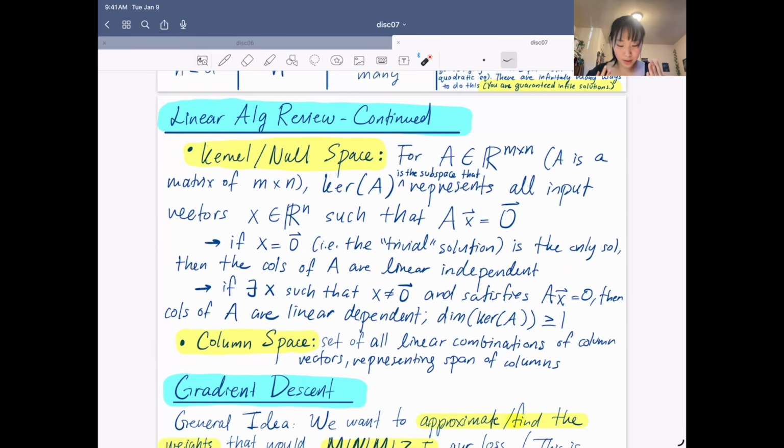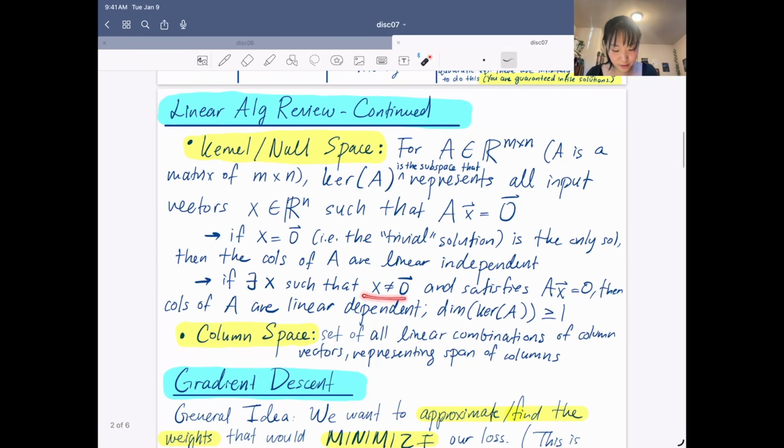When x equal to 0 is the only solution to Ax equal to 0, then the columns of A are linearly independent. On the other hand, if there exists x not equal to 0 that still satisfies Ax equal to 0, then the columns of A are linearly dependent. In other words, the dimension of the kernel space is greater than or equal to 1.